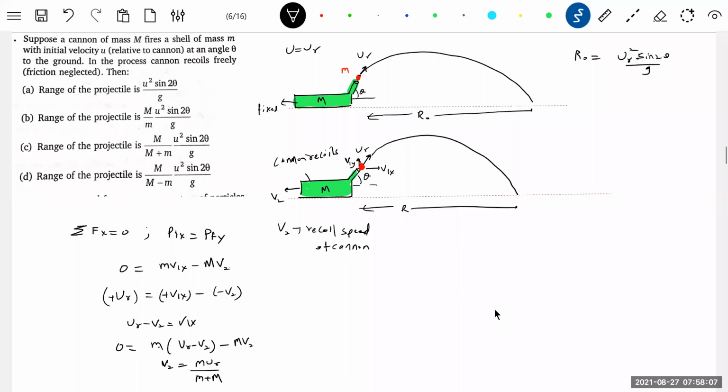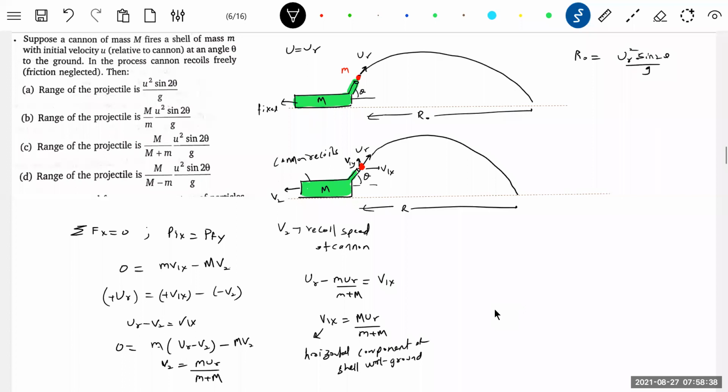What is v1x equal to? I'll substitute in that formula. This is the horizontal component of velocity of the shell with respect to ground.